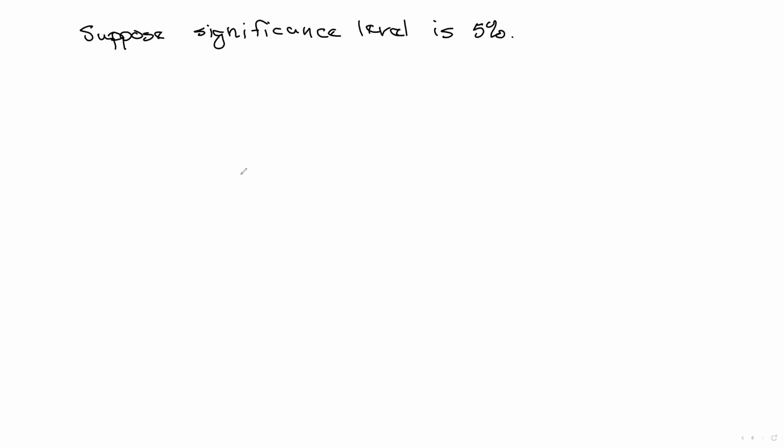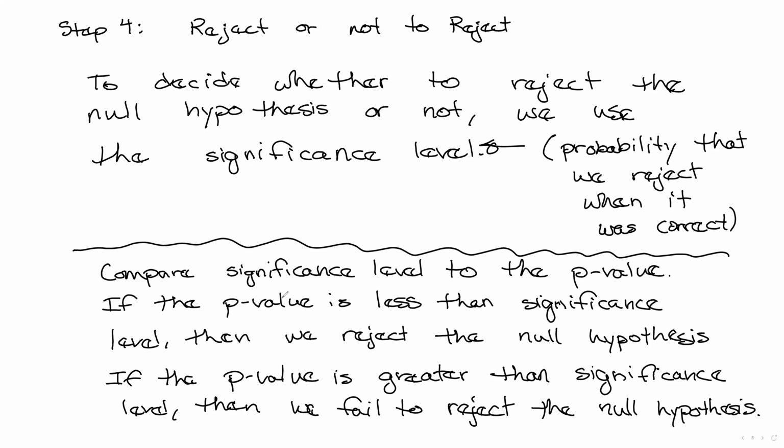Okay, that's the idea. So that's what we're going to do at this last step: we're going to compare the p-value that we got, which again is the probability of getting the outcome that we did from the sample, assuming the null hypothesis is true. We compare it to the significance level. If it's less than the significance level, then we say that's enough evidence.